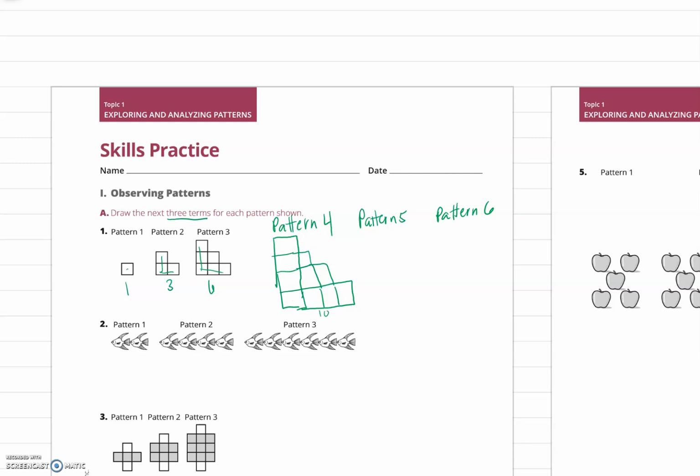So pattern 5, I'm not going to make them quite as big. So we go from 3 to 4 to 5. One, two, three, four, 5. All right.